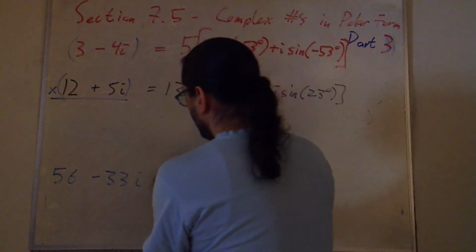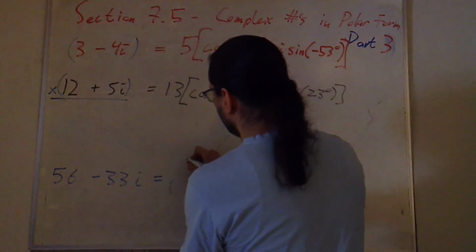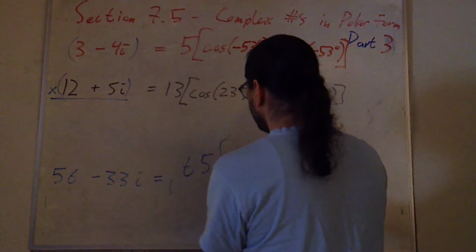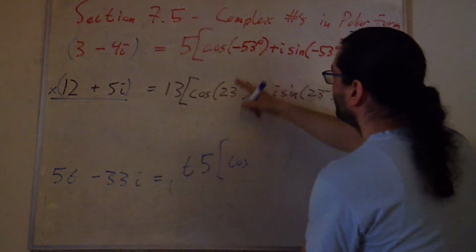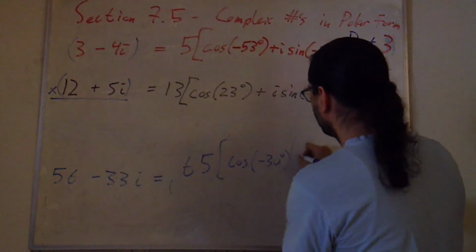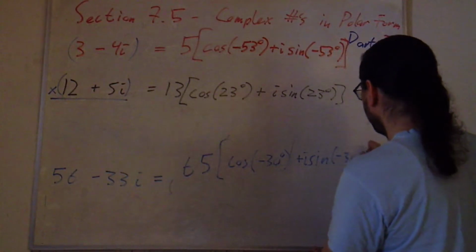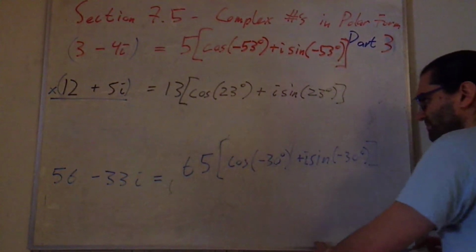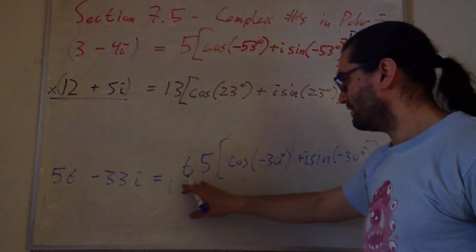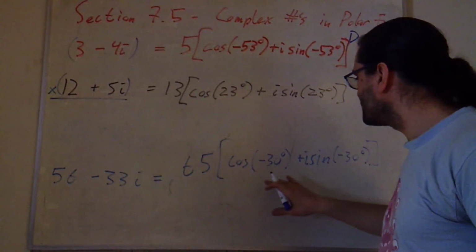In polar form, this multiplication should be the product of these guys, which should be 65 times the cosine. Negative 53 plus 23 should be negative 30 degrees plus i sine negative 30 degrees. And now I can see what I get.